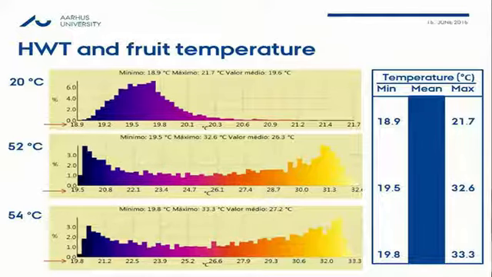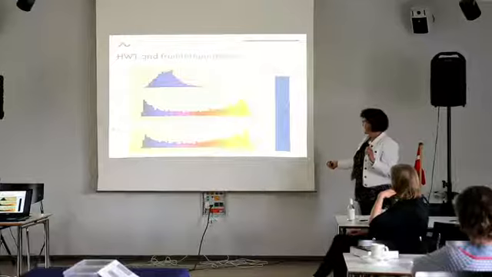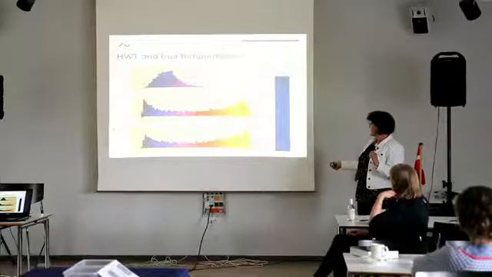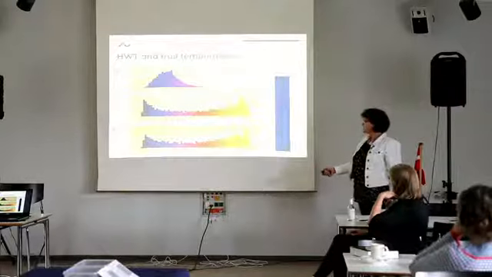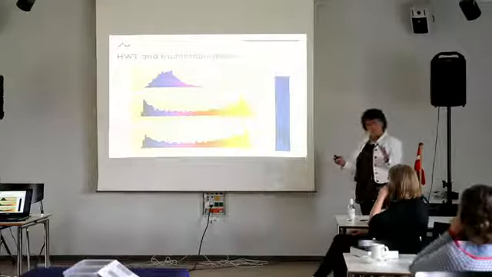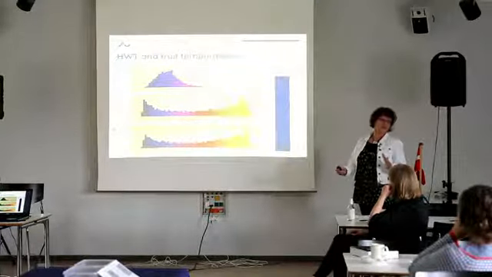And the maximum temperature, that's the outside of the fruit, at the skin side. You can also see there was a higher temperature, the warmer the water was. What you can also see here is the maximum is 33 degrees, and we treated with 54 degrees hot water. It's because it's really very difficult to measure temperature.